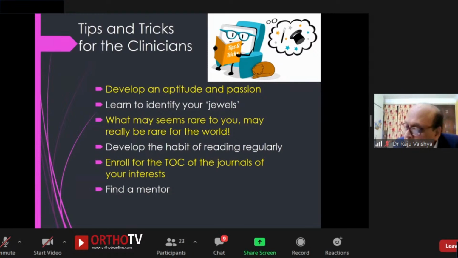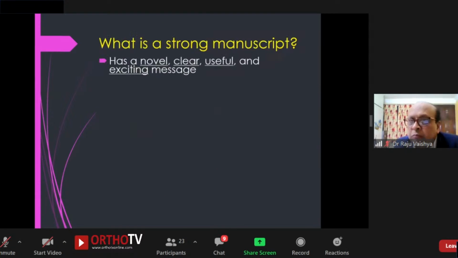Those who are new in the field of research and publication should find a mentor to help you and guide in research and publication. There are several reviewers and editors that you can contact for help.